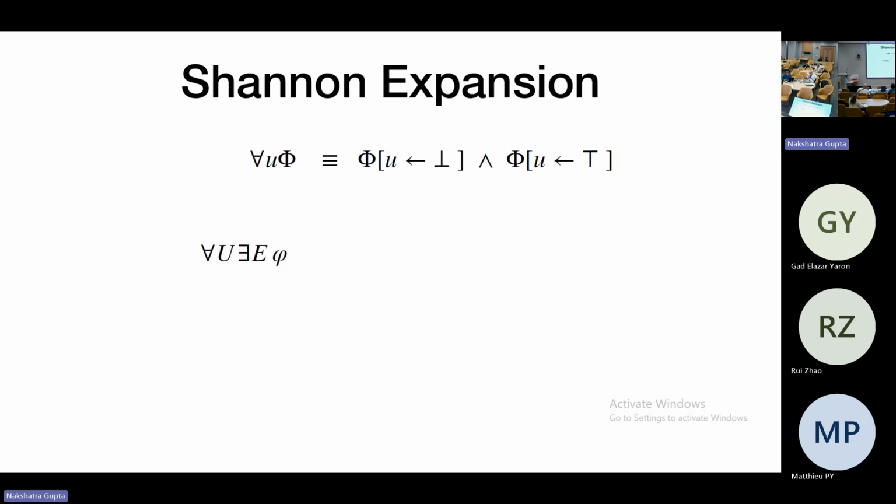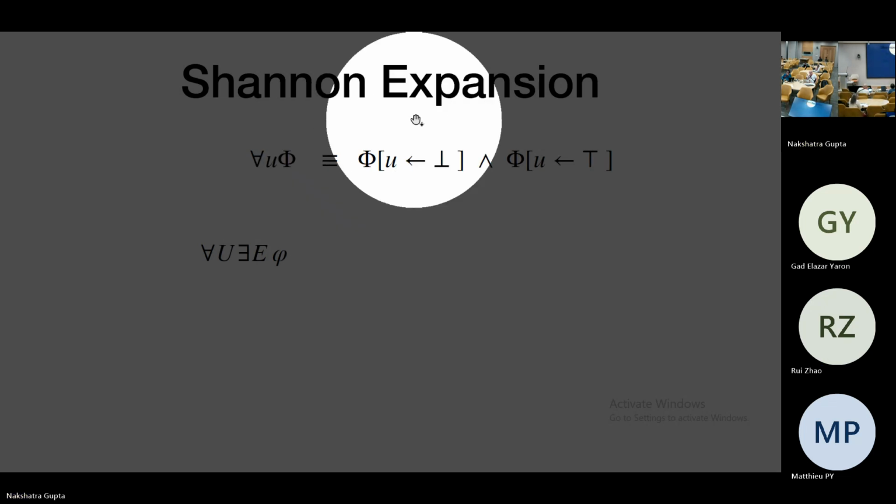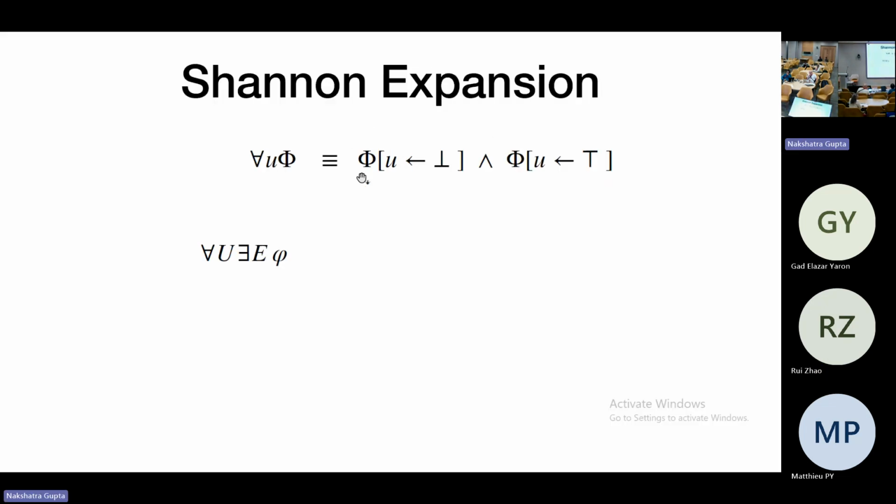We can sort of think of this expansion, this Shannon expansion here. We do all these steps at once for our universally quantified variables. And this is equivalent to a big conjunction over all assignments of the universally quantified variables. And then we have the existential quantification still inside, right?